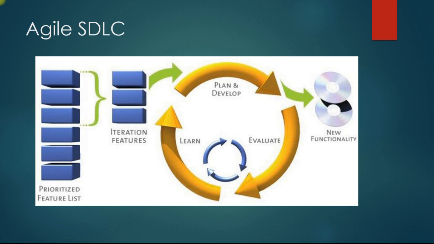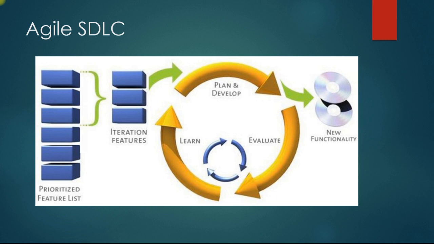Let's say you have 50 features to develop, a hypothetical number. So you don't need to work on 50 features at once from the beginning. You can divide them. Like let's say you work on 10 features first. So take those prioritized 10 features, plan on it, develop it, test it, evaluate it, understand where you're failing, learn from the feedback, and then deploy it.